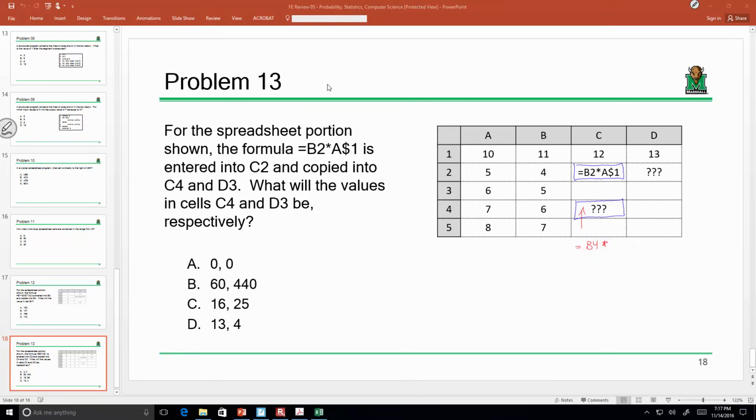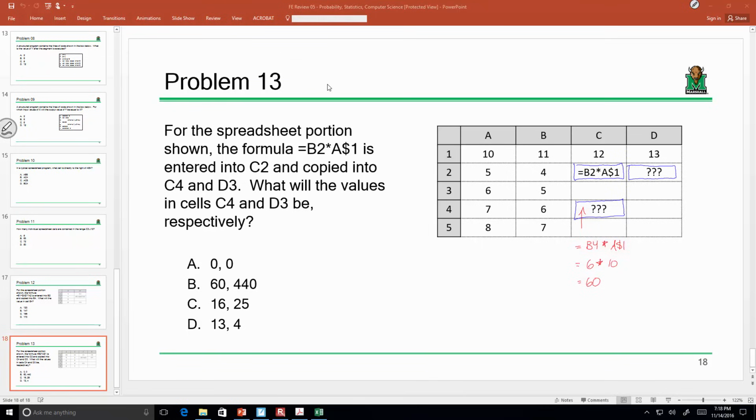The row's locked. A1. So that is 6 times 10, which is 60. So even I got it mixed up.